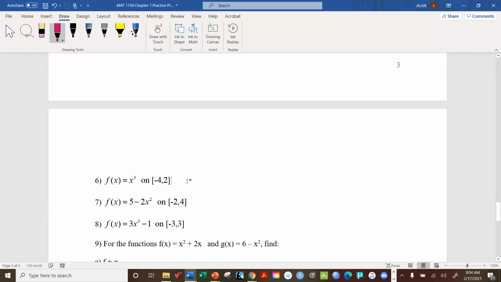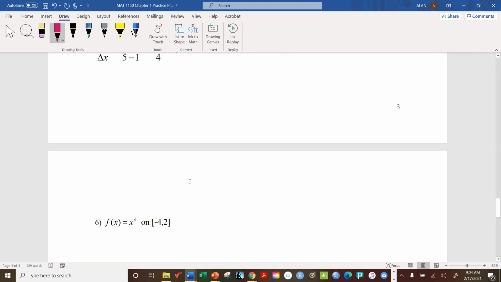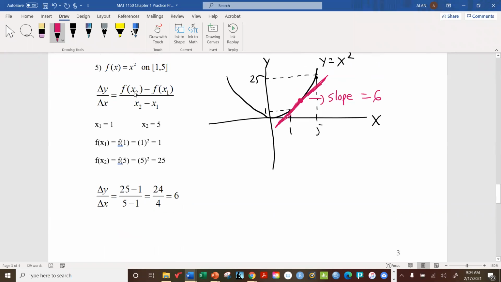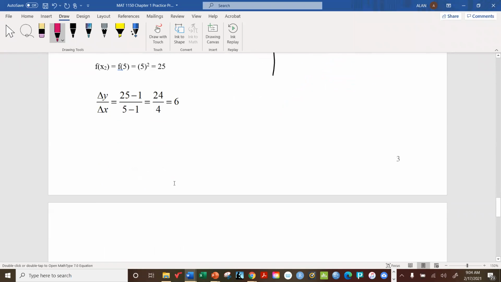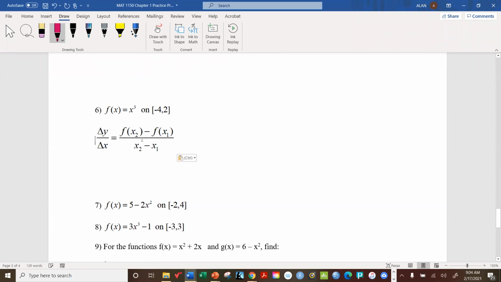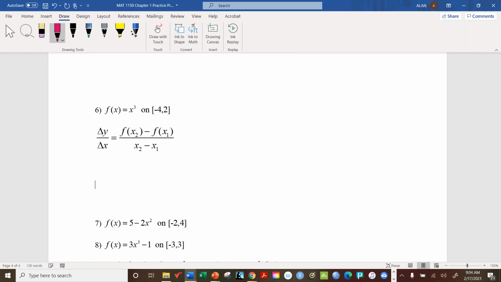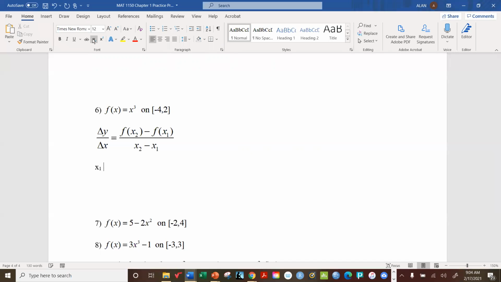All right, now down here, I'll just copy this formula again, and we'll do this all over again. Now, x1 is the -4. So x1 is the first number in the brackets, -4 rather.